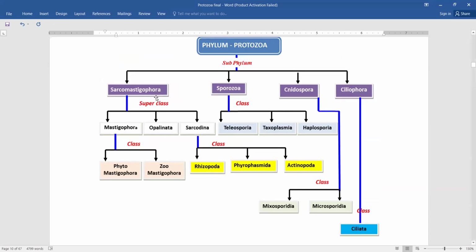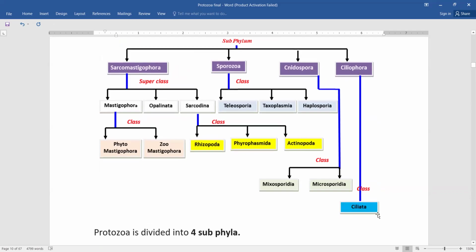The protozoa is divided into four subphyla: Sarcomastigophora, Sporozoa, Cnidospora, Ciliophora. Ciliophora has one class, Ciliata. Cnidospora has two classes, Myxosporidia and Microsporidia. Sporozoa has three classes: Telosporea, Toxoplasmea, and Haplosporea.